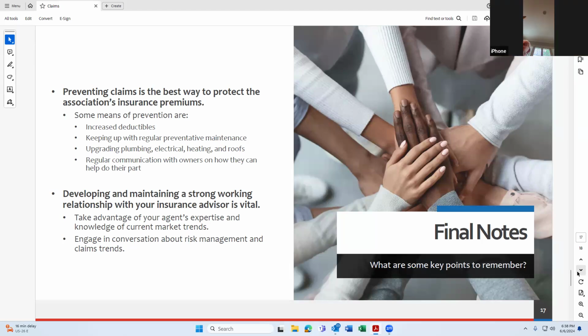Association coverage is very confusing, even for veteran insurance agents, because in an association with 40 units, you've got 41 policies in place when there's a loss, and there are deductibles involved. It gets very complex. So make sure your agent's in there to help outline how that works, and also engage in risk management and claims trends that are going up.